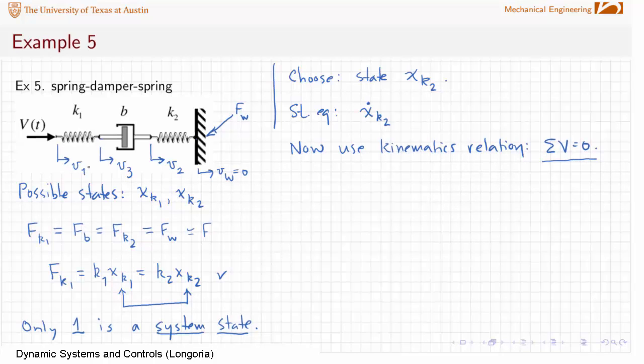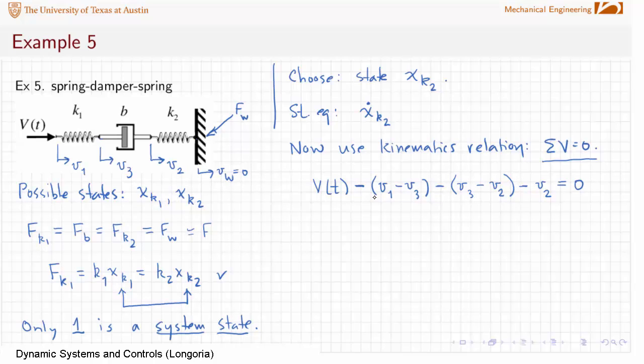And by studying this basic system here, you should be able to see that you can write v of t minus, you can do it this way, v1 minus v3, that's a velocity difference there, minus the difference v3 minus v2, and then that difference minus v2 equal to 0.